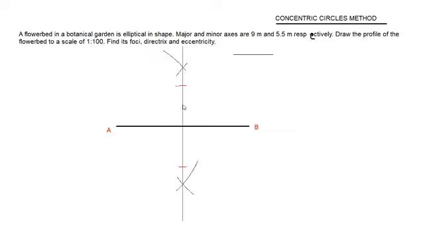I am giving name like that, C, and this point is D. Okay, let's say they are intersecting each other at point O. So this is point O.